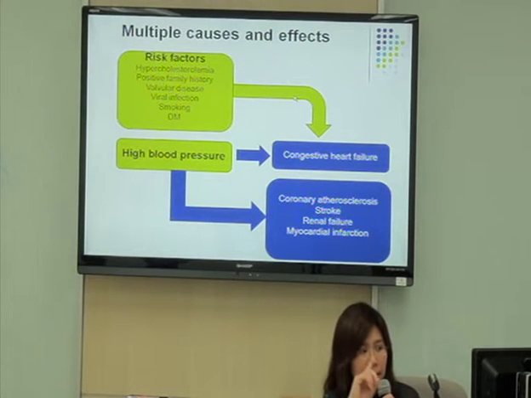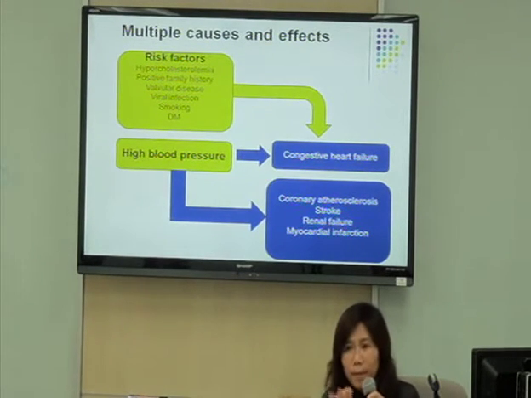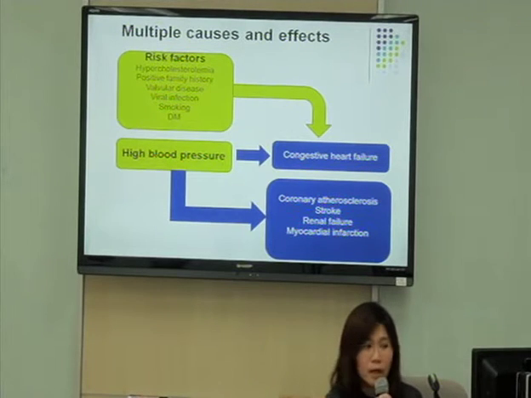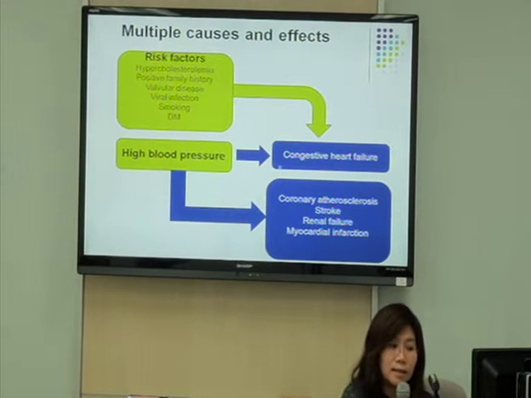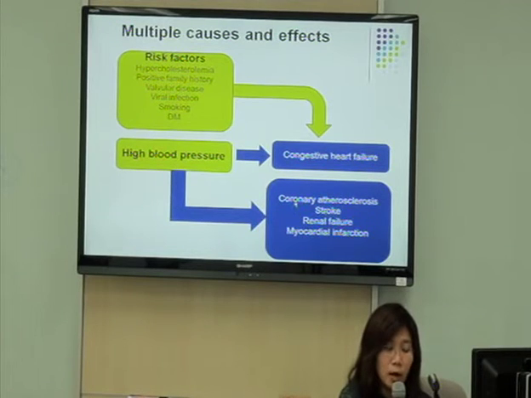But this is a real problem in real life. One exposure, for example high blood pressure, can be a risk of congestive heart failure. But it also causes other diseases, right? High blood pressure is also a risk of coronary arteriosclerosis, stroke, renal failure, or MI.